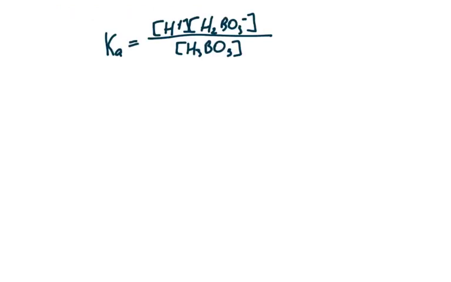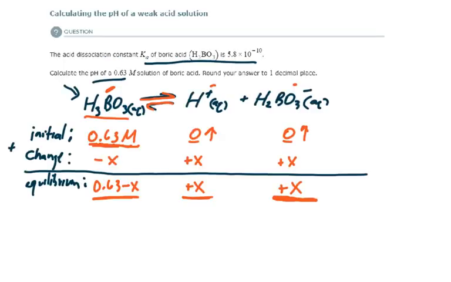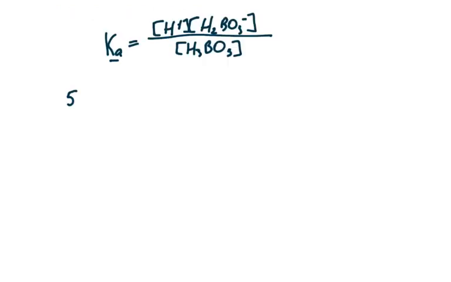Now we're going to substitute Ka for its actual value. What is the actual value of Ka? It's given as 5.8 times 10 to the minus 10. So 5.8 times 10 to the minus 10 is equal to, what is the concentration of H plus or hydronium at equilibrium?